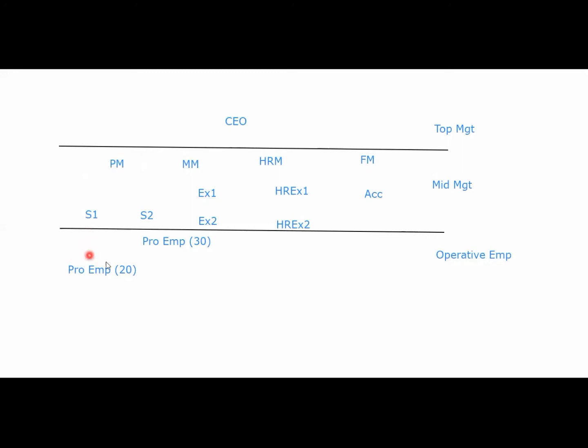Not only that, when we evaluate the performance of these 20 production employees, it also uses the form which we use to evaluate the CEO's performance and the production manager's performance. The same forms and procedure are used for evaluating these production employees.